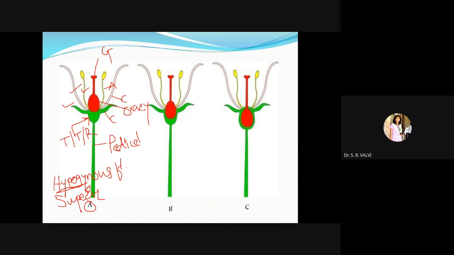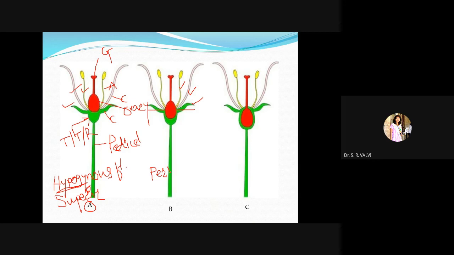Right. In the second case, you can see this portion. So from the middle of the ovary, all the floral whorls arise, right? So you can see here the calyx, this is the corolla, and this one is stamens. All these floral whorls arise from the middle of the ovary, and hence this flower is called perigynous.